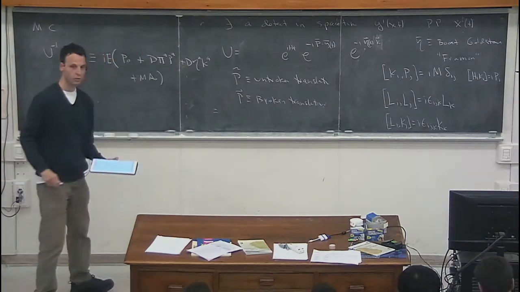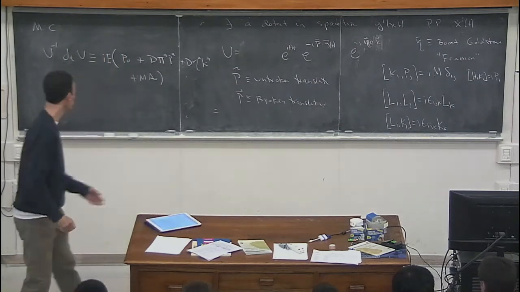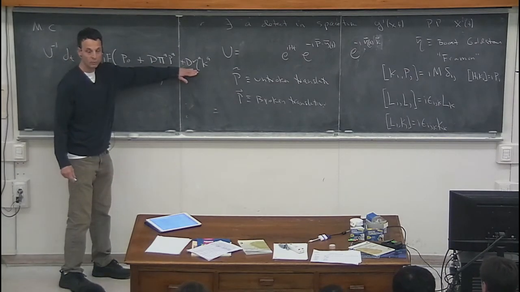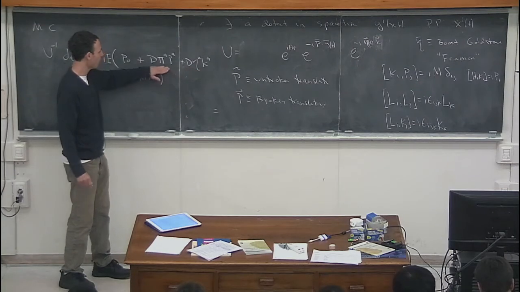Okay, so let's look at this. These two pieces should look familiar. Those are the covariant derivatives for the broken generators with the pions.